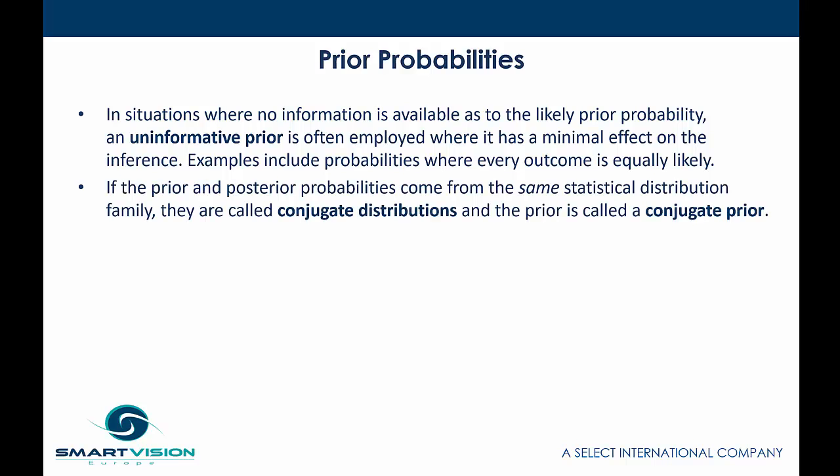Now, if the prior and what's known as the posterior probabilities come from the same statistical distribution, they are called conjugate distributions, and the prior is called a conjugate prior. The posterior probability, which we haven't introduced yet, is what we get once we've combined the prior probability with our data. In other words, it's the result.